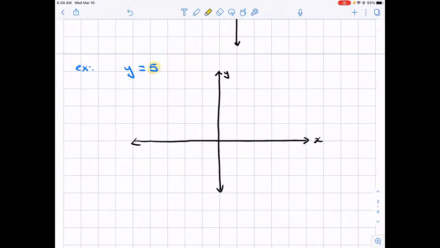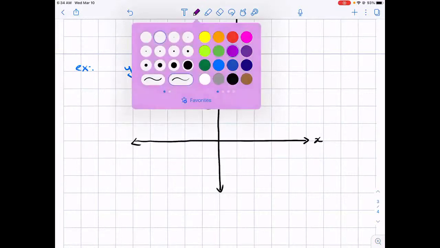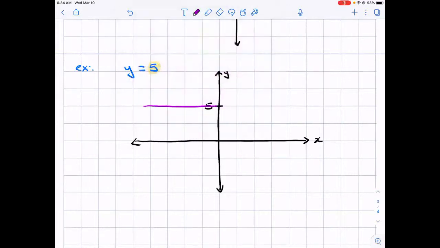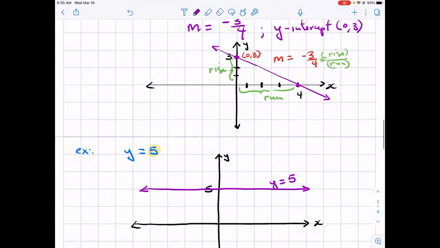Okay. So y equals 5. Let's say this is the point 5. My line will be a horizontal line passing through the point 5. And this is the line y equals 5. Okay. Over here, I didn't write my equation, 3x plus 4y equals 12. You should always get into the habit of writing the equation next to your line.